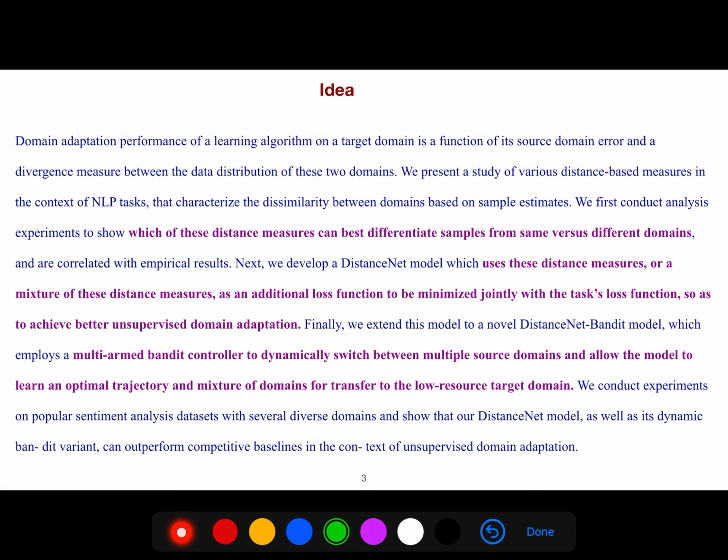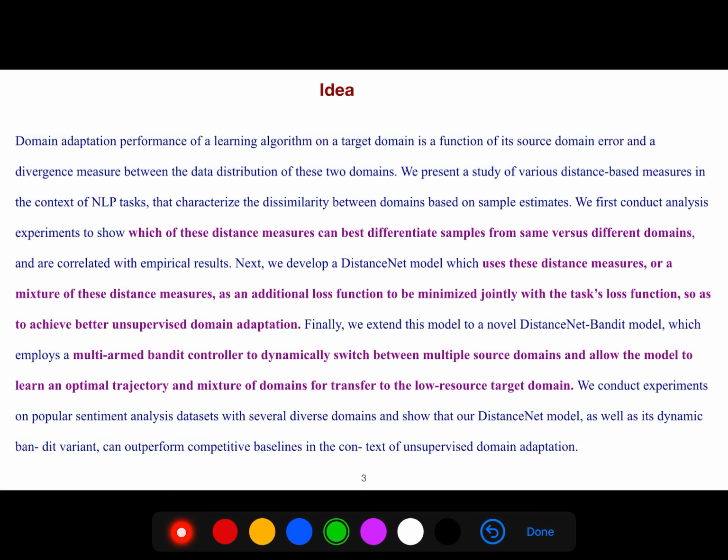Domain adaptation performance of a learning algorithm on a target domain is a function of its source domain error and a divergence measure between the data distributions of these two domains. We present a study of various distance-based measures in the context of NLP tasks that characterize the dissimilarity between domains based on sample estimates.